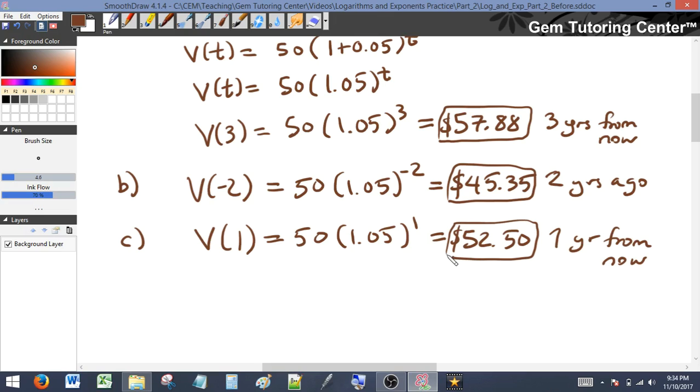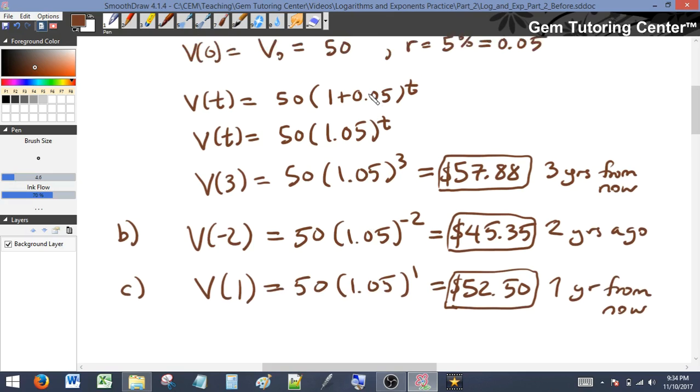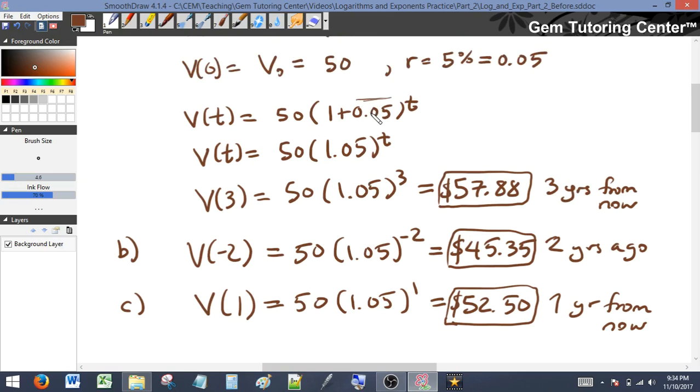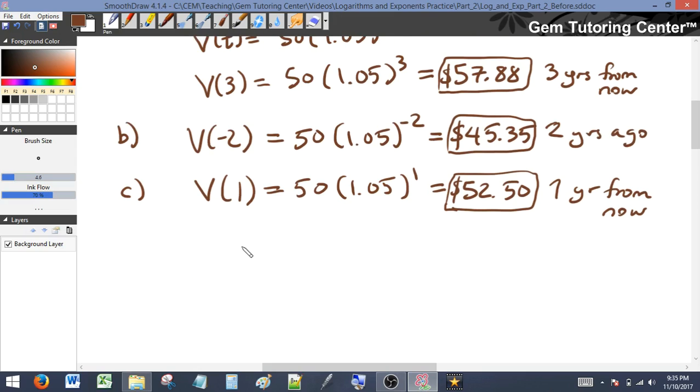And here's another way that you can do the one year from now problem, part C. Remember that this 0.05 is the annual rate of change. So what that means is that in 1 year, the value is going to increase by 5%. So if the value is 50, you take 5% of 50 and you add it to 50. So what is 5% of 50?